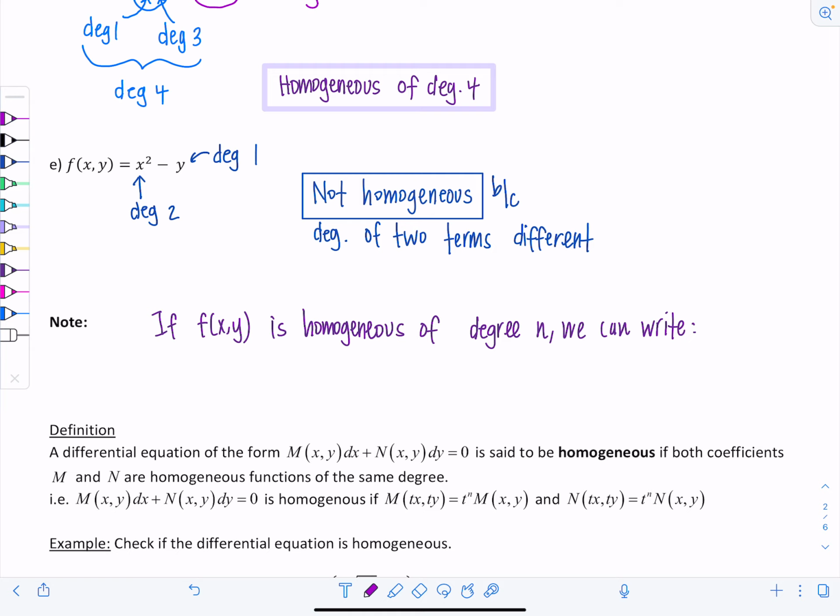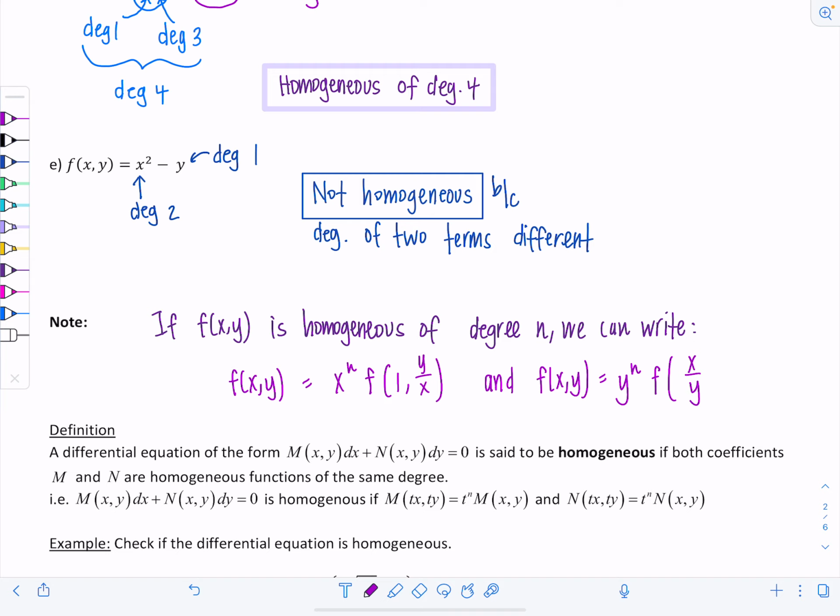So we can write that f of xy is equal to x raised to the n, the degree of homogeneity, times f of 1 comma y over x. And similarly, we can write f of xy as y raised to the n times f of x over y comma 1. This is going to be important when we go to solve homogeneous differential equations in a hot second. So just remember this.